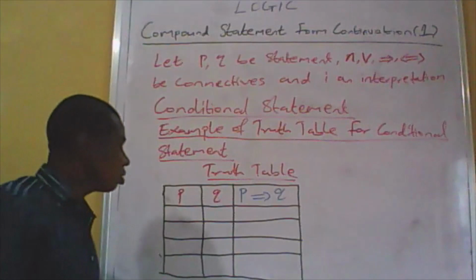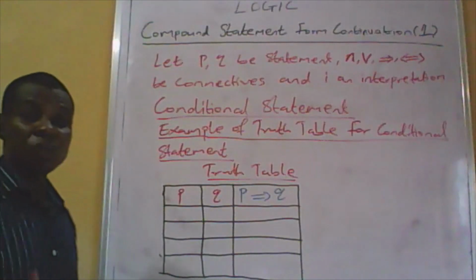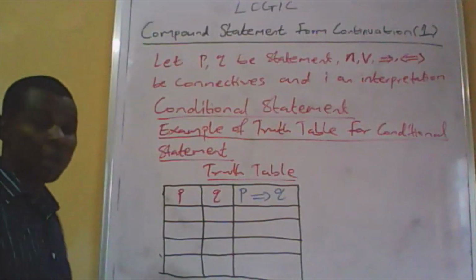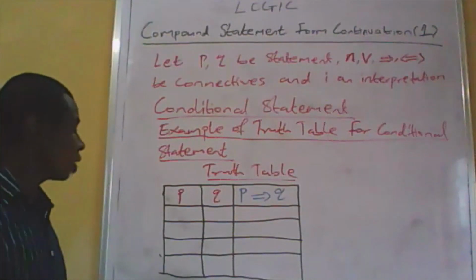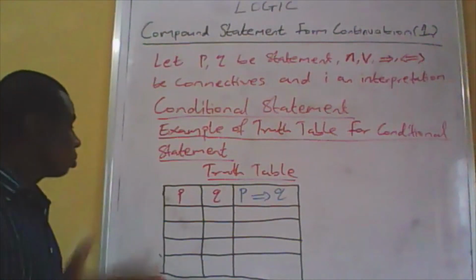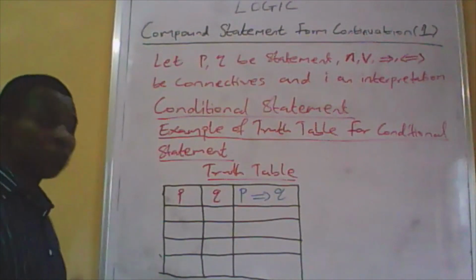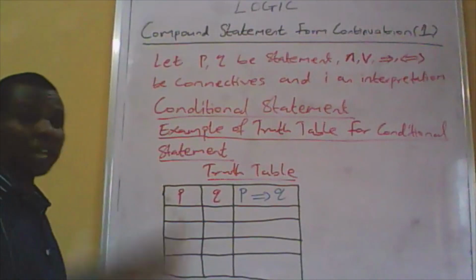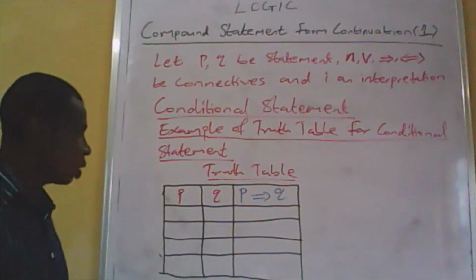Now, because we want to get all the possible combinations of P and Q, our simple statements, how can we combine their truth values? So we want to get all the possible combinations.